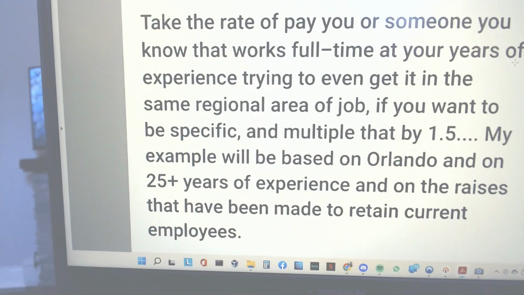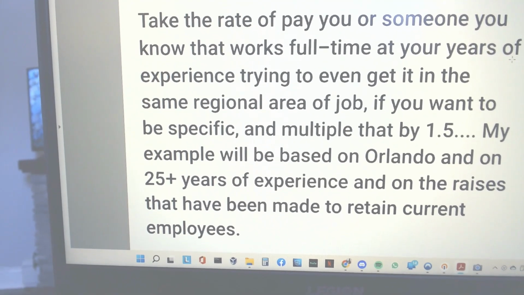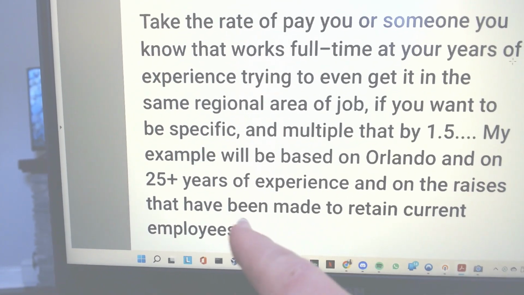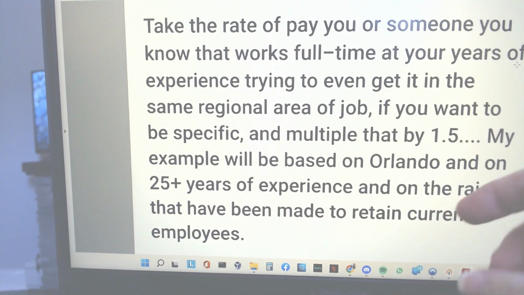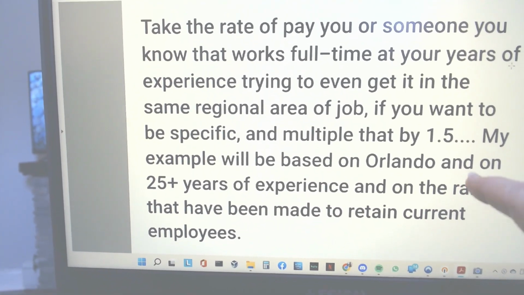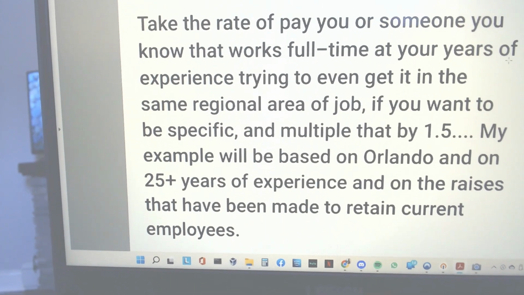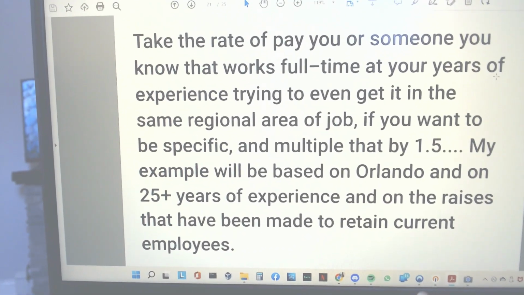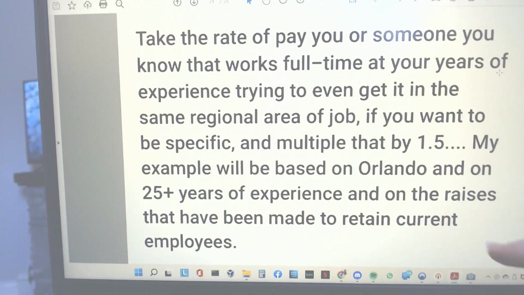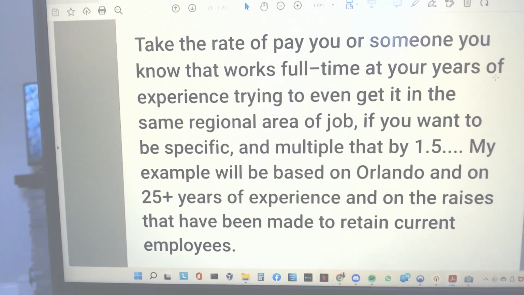So right now, this is going to be based off of, I told you I had a lot of years of experience. I have more than 25 plus years of experience, and it's going to be based on raises that I know have been received since the beginning of COVID. Okay? So this is based on someone with 25 plus years experience and with the raises post-COVID.